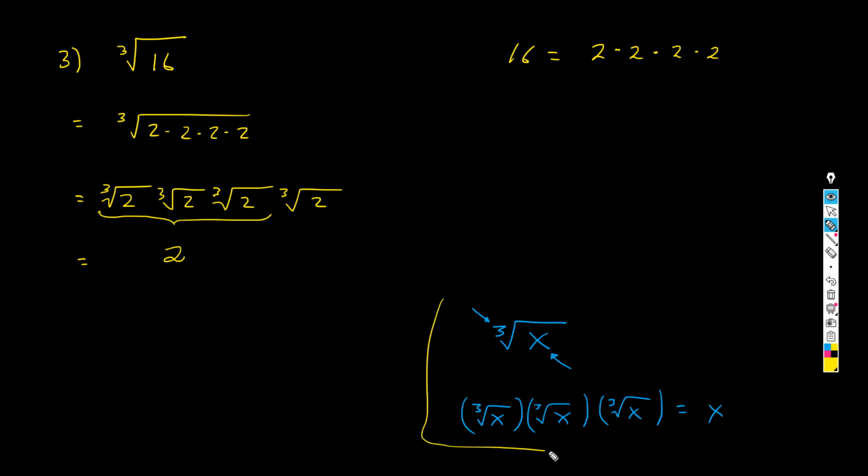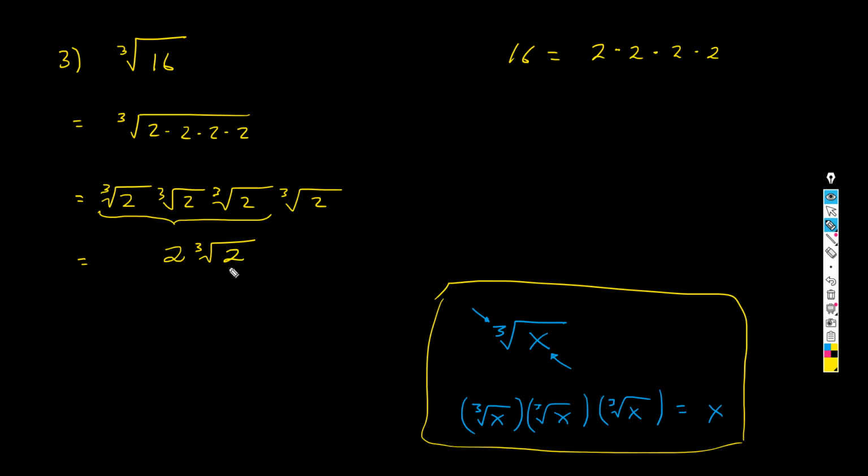I'm just using this very fact. Perfect. And this number remains alone without any change, so I just write it down. So my final conclusion is that the cubic root of 16 is equal to 2 times the cubic root of 2. And this is my result.